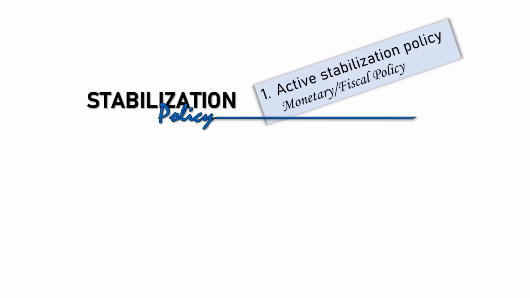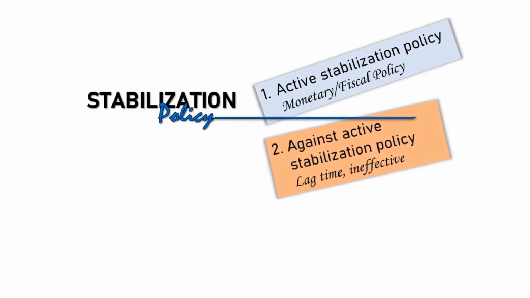Economists who are against the active stabilization policy argue that both fiscal and monetary policy always work with lags. Monetary policy is usually responded to with a long lag because many firms make investment plans far in advance, while the impacts may last for several years.